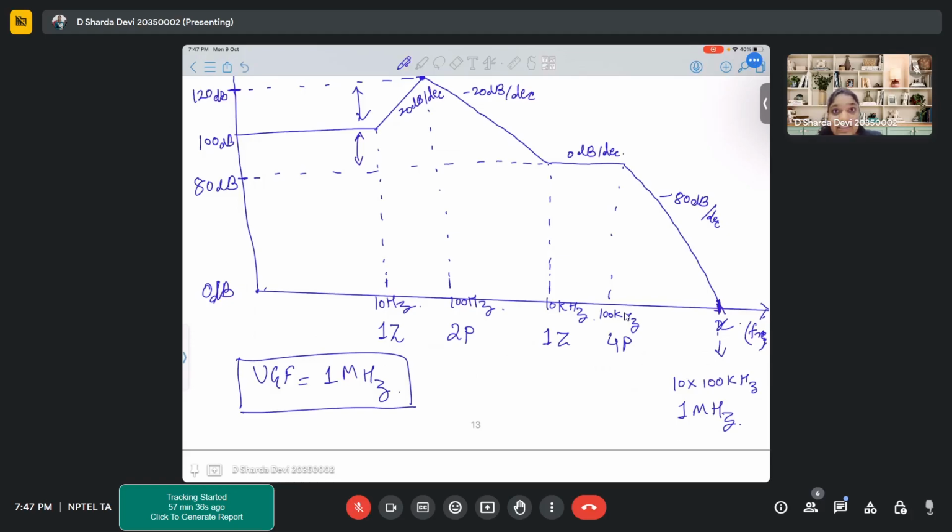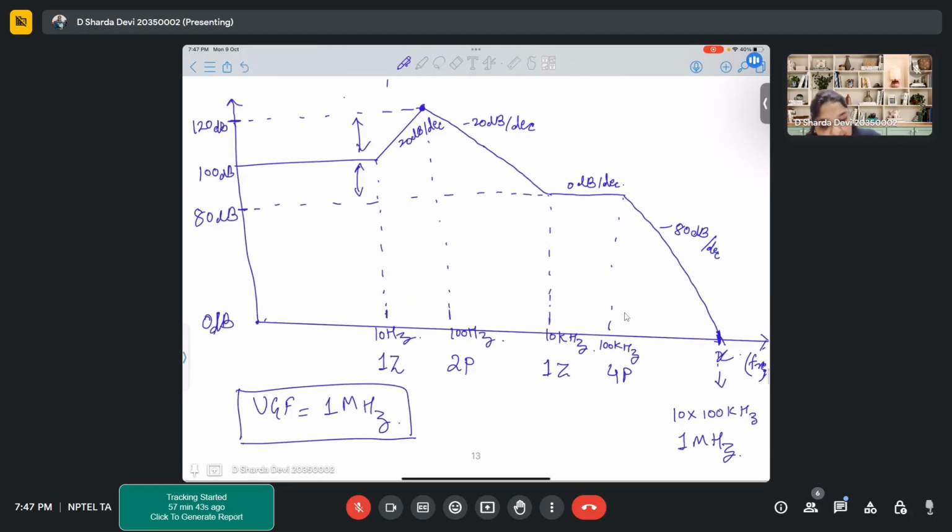Is this clear? Ma'am, I didn't understand the link, ma'am. Okay. So see, here your gain was 80 dB, right? So at this particular point, your gain is 80 dB. Correct? Yes, ma'am. The slope at this particular point is minus 80 dB per decade. I should better make it very steep, so this will not misguide.